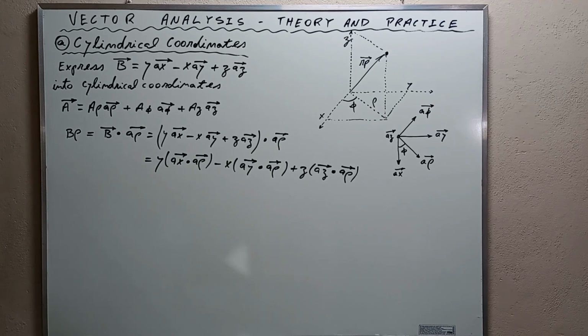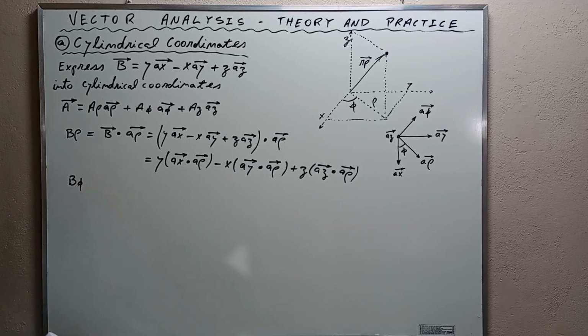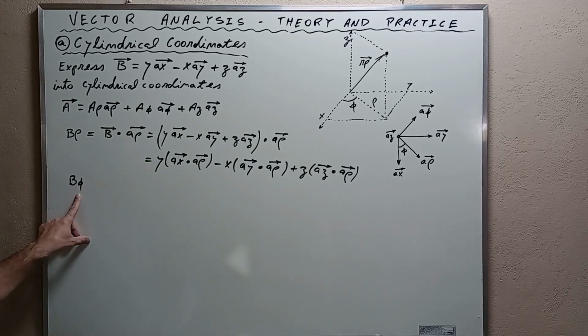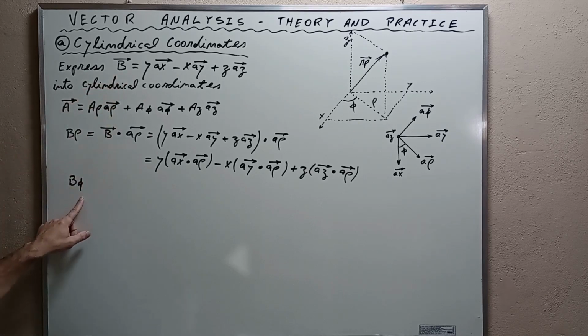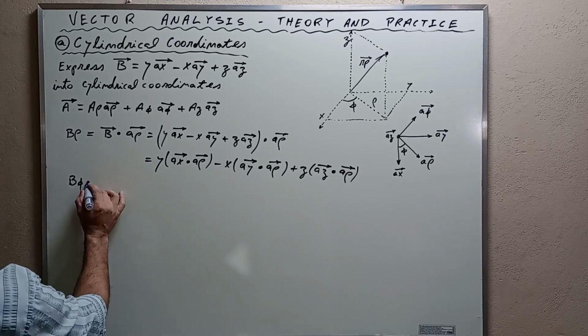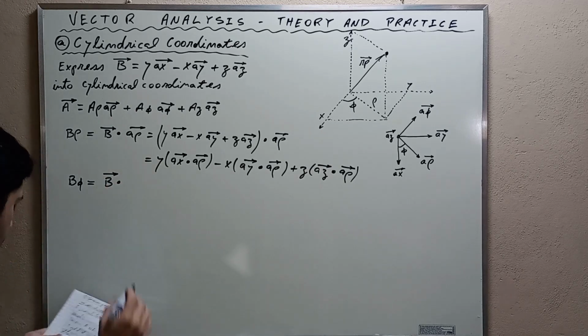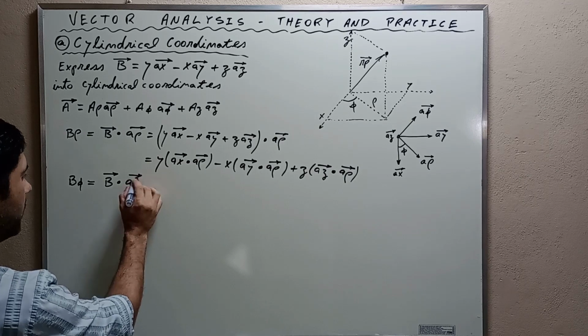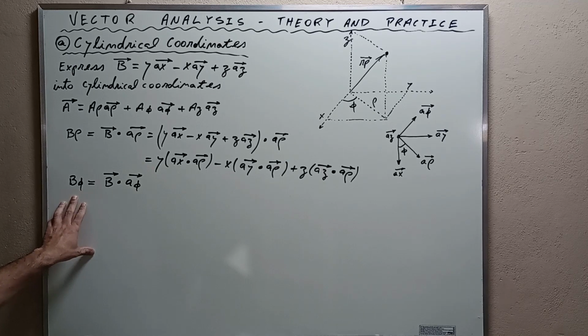Similarly, we do for b phi. B phi is the component of b in the phi direction. We learned that we can find this component in the phi direction using the dot product in such a way: b in a dot product with the unit vector in the phi direction produces the component of b in the phi direction.